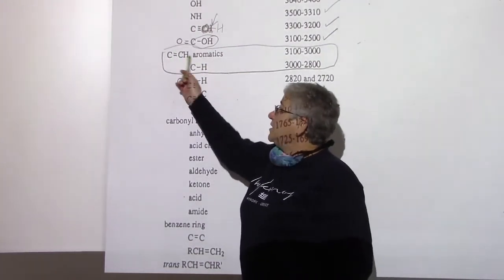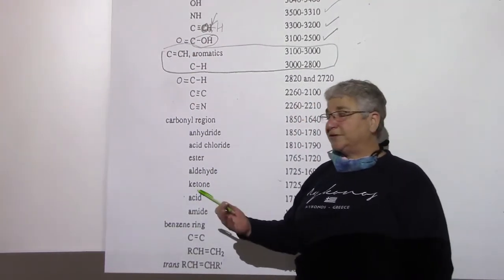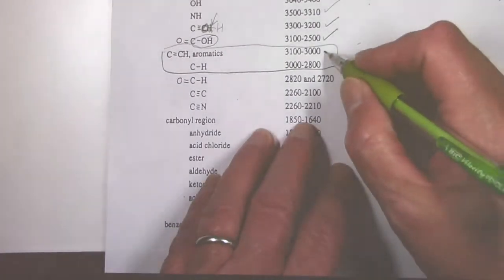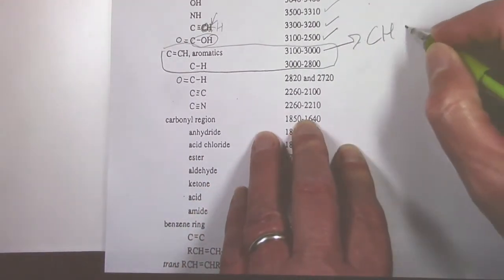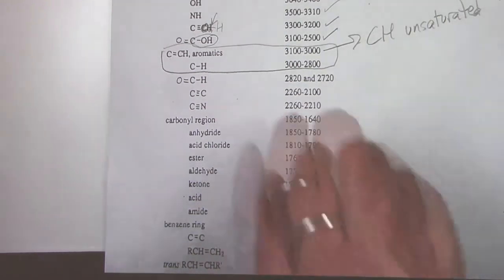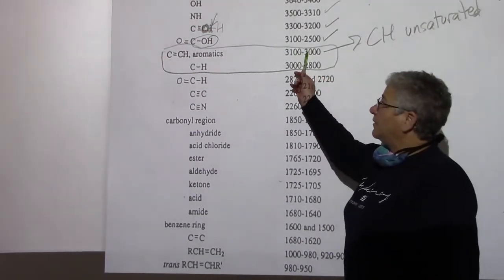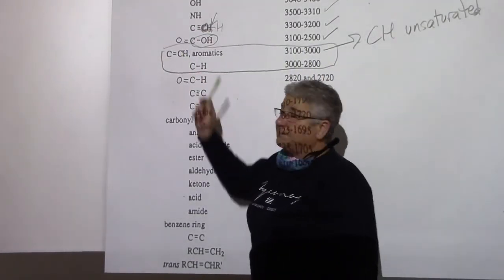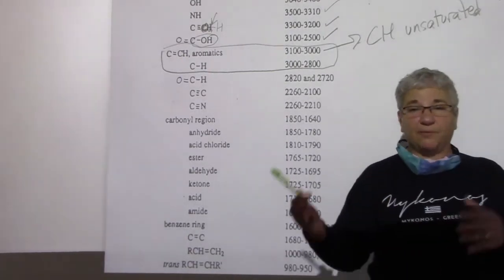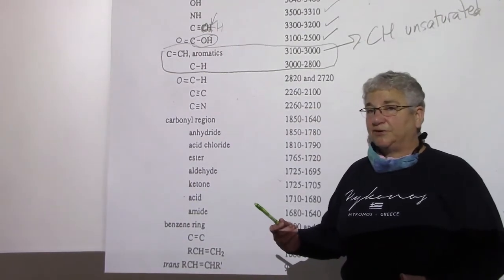And so these carbon hydrogen stretches, for simplicity's sake, we actually call CH unsaturated. That simply means that if you see peaks in here, it means that you have some kind of unsaturation. You can't tell whether it's a double bond or an aromatic, but you can tell that you have some kind of unsaturation in your molecule.